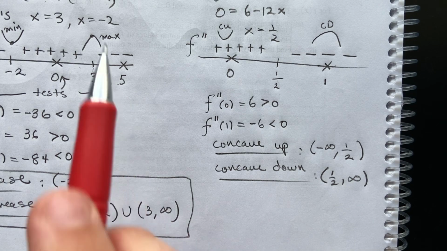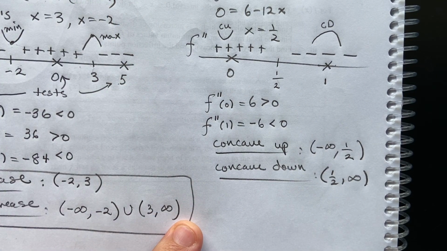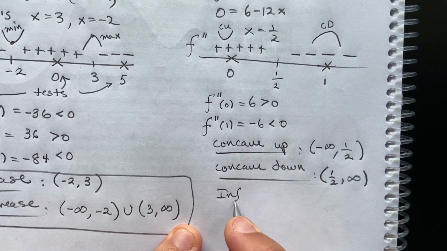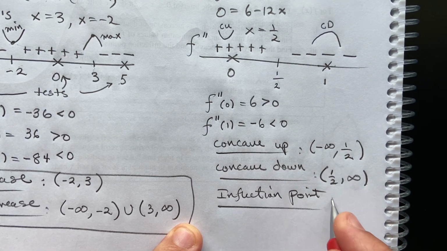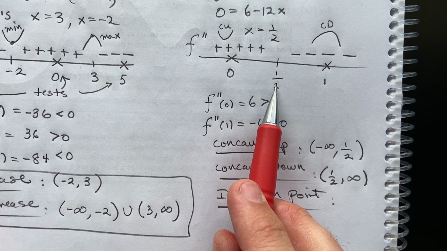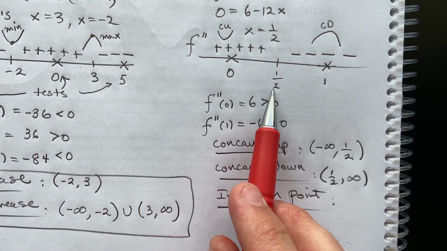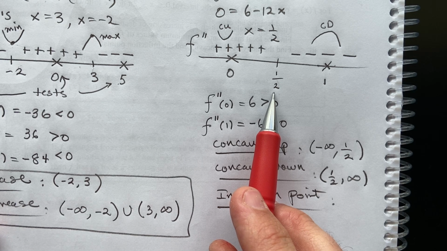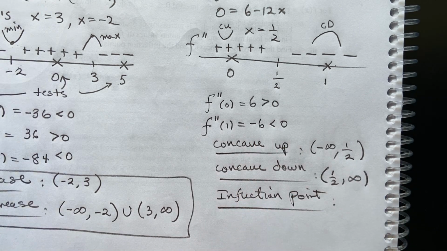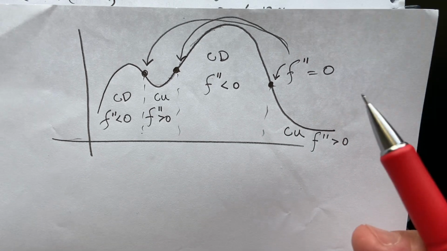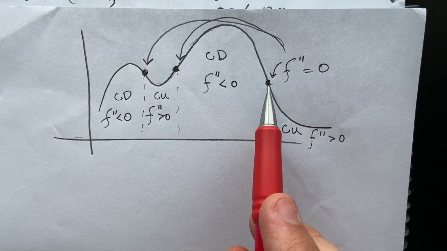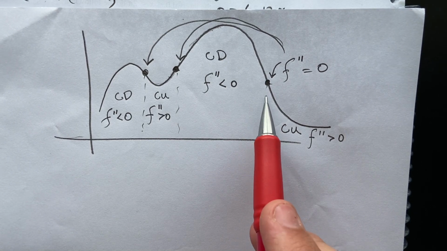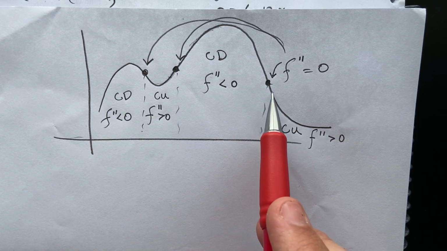Okay. Part 3 also wants the inflection points. Here we just have one inflection point. So it's going to occur here at 1/2. But then to actually find the output, right, the actual location of the inflection point, just going back to this, I need to evaluate the function, right, to figure out where the height is. I know that it's occurring at 1/2, but I don't yet know what the height of that inflection point is.